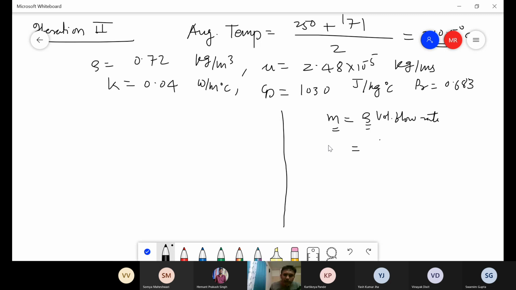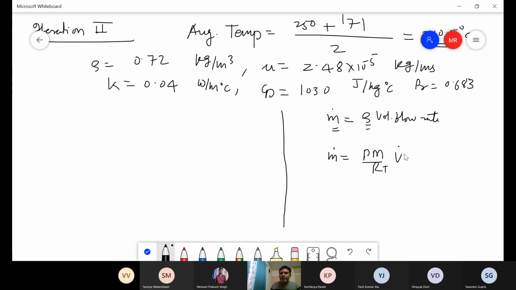If you use the ideal gas law, basically what you are going to get here is V1 by T1. V1, this is mass flow rate, isn't it? So maybe I'll just do it separately. Okay. So this is mass flow rate. So basically rho is given as PM by RT into V dot.